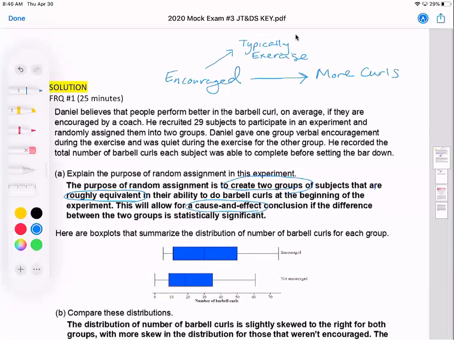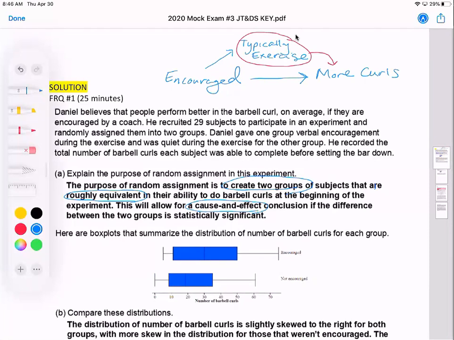But if we don't address this confounding variable, that's actually the reason why they can do more curls, because they're in better shape and they typically already do curls. So we don't want this to happen.